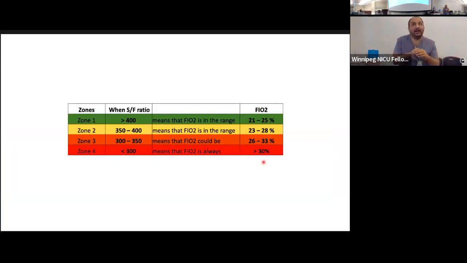I tried to sort out this concept we have in our mind based on poor, very weak evidence, that FiO2 30% is the cutoff. We can divide the FiO2 from 21 to 30% into more zones that convince us that there is an oxygenation impairment that requires an intervention, either escalating the pressure support or providing surfactant.